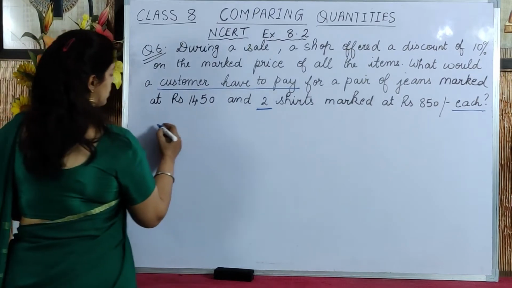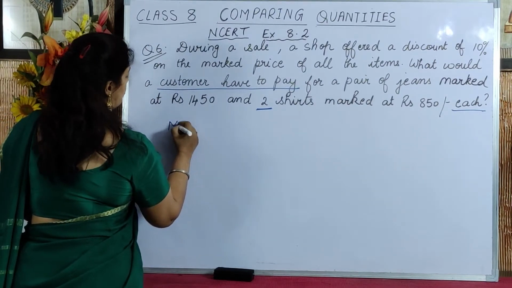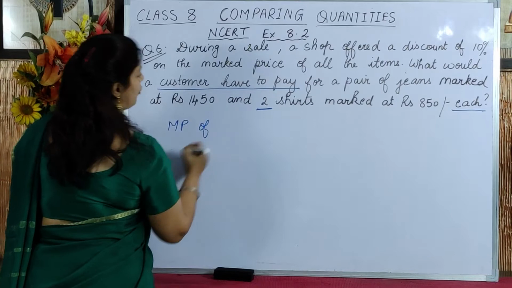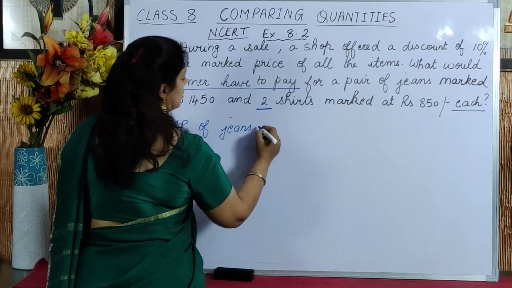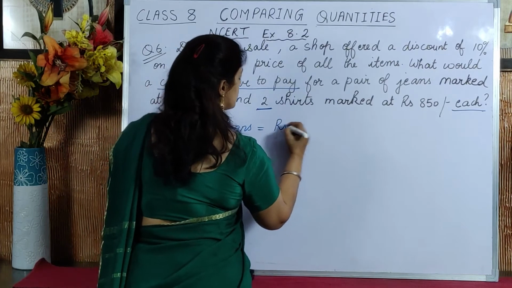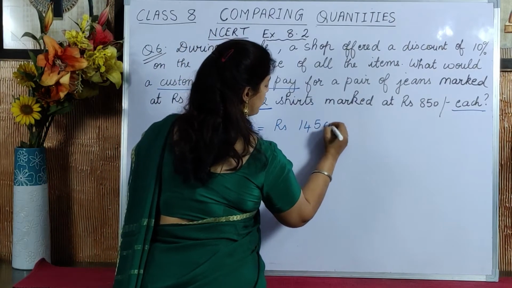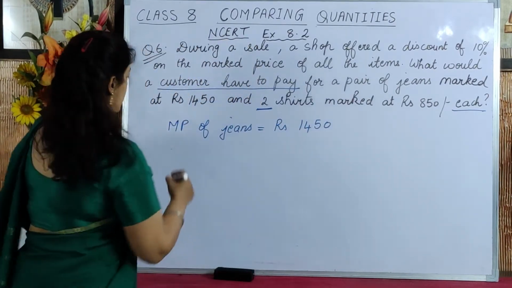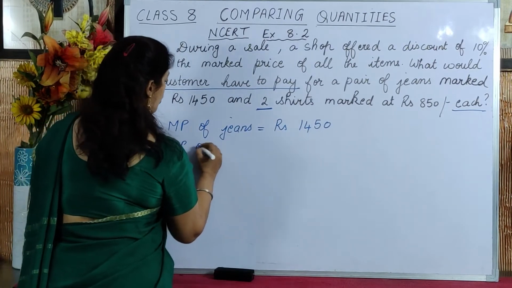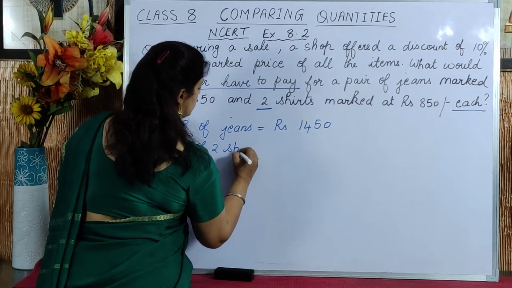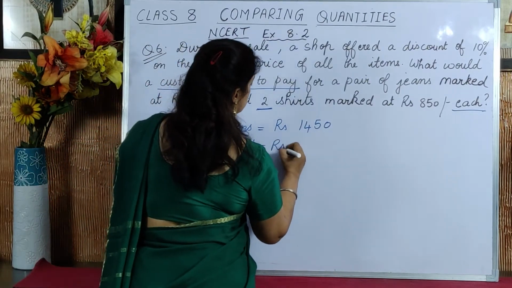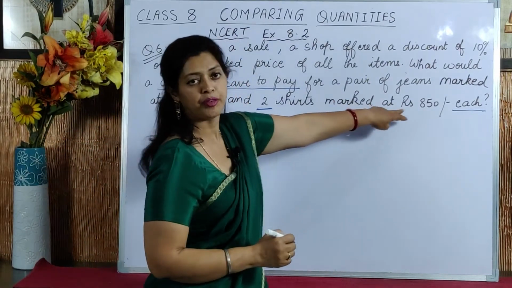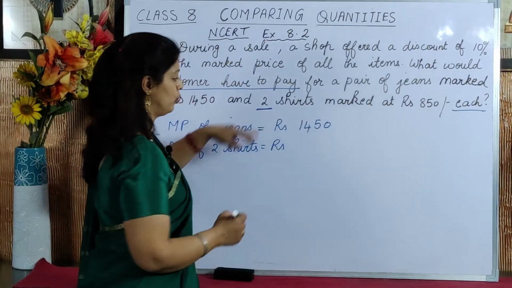So we can start with the answer. Marked price of jeans is how much? Rupees 1450. And marked price of two shirts is how much? 850 multiplied by 2.